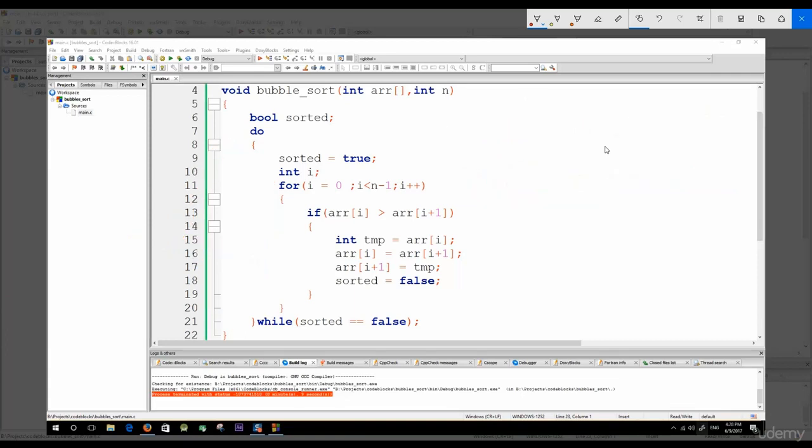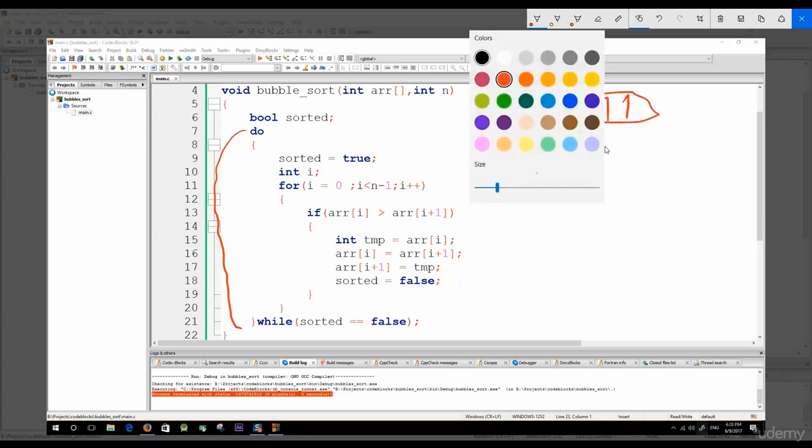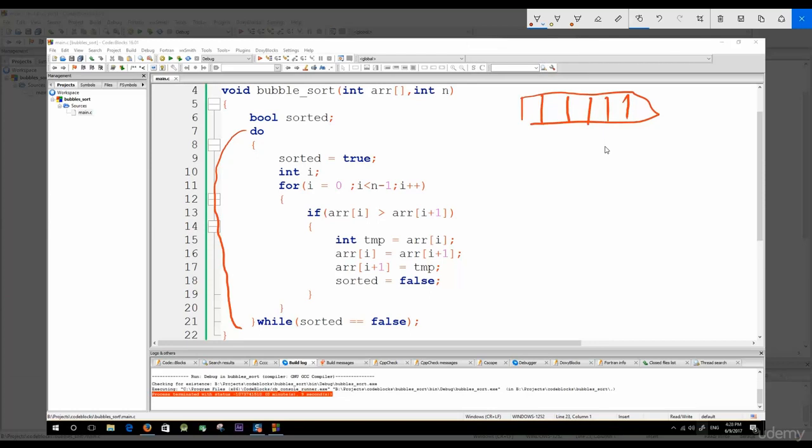All right, I promised you to prove to you, or at least give you an intuition, why this algorithm takes at most n operations for the outer while loop. Now we said earlier that our array is always comparing every element with the element next to it and sorting them, right?